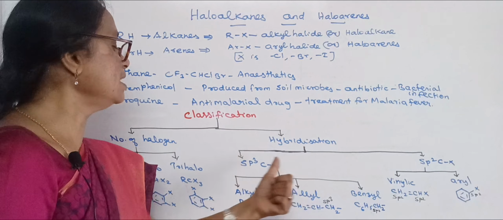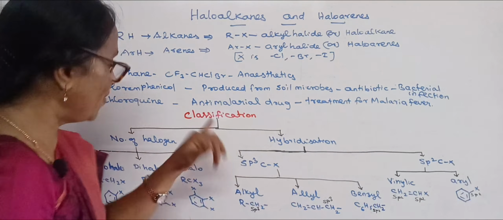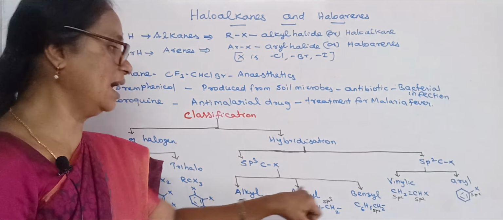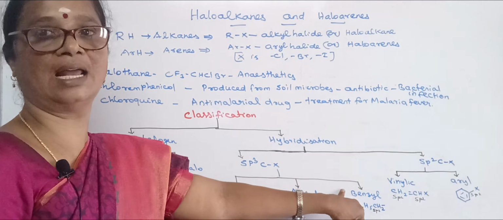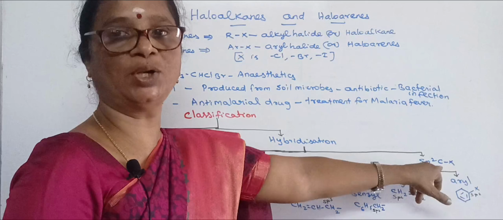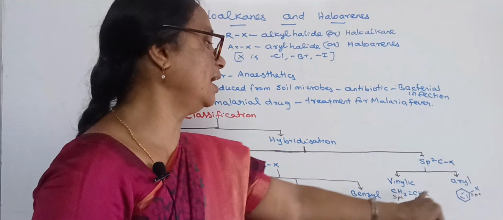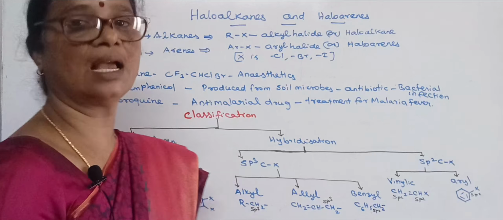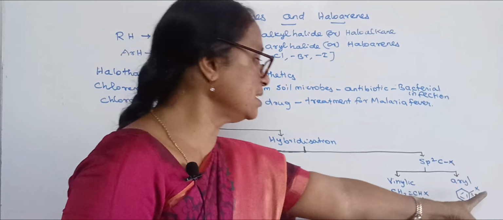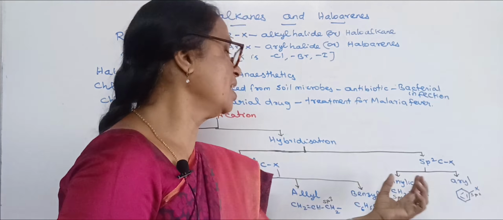If the halogen is attached to the sp3 carbon, then those are further classified into alkyl halides, allyl halides and benzyl halides. Or if the halogen is attached to sp2 carbon, then it is divided into vinylic halides and aryl halides. Aryl halides are the aromatic halo compounds in which the halogen is attached to sp2 hybridized carbon.